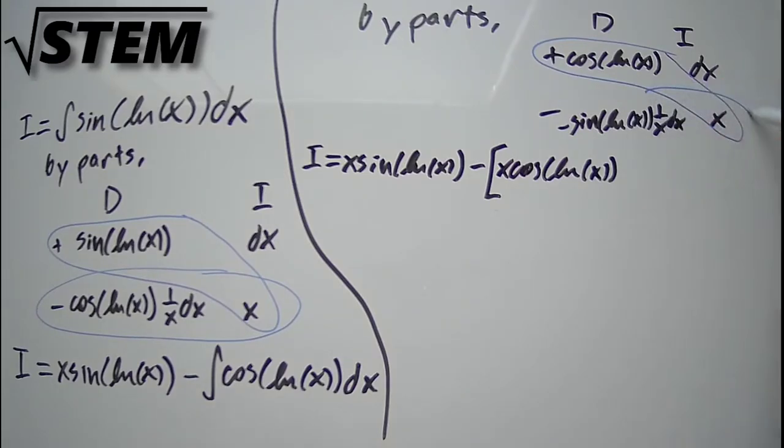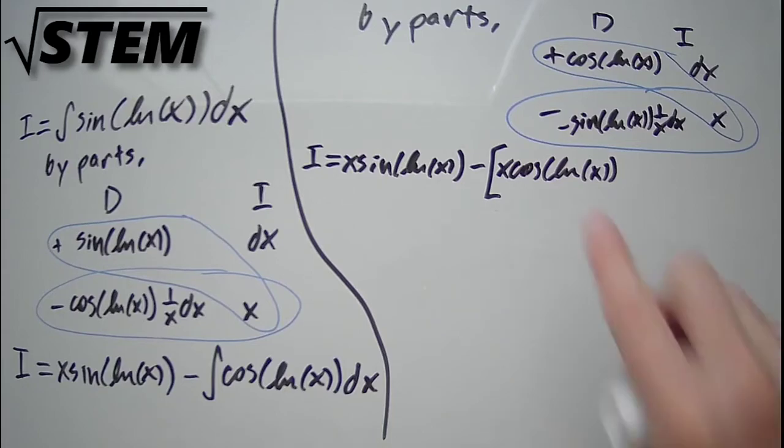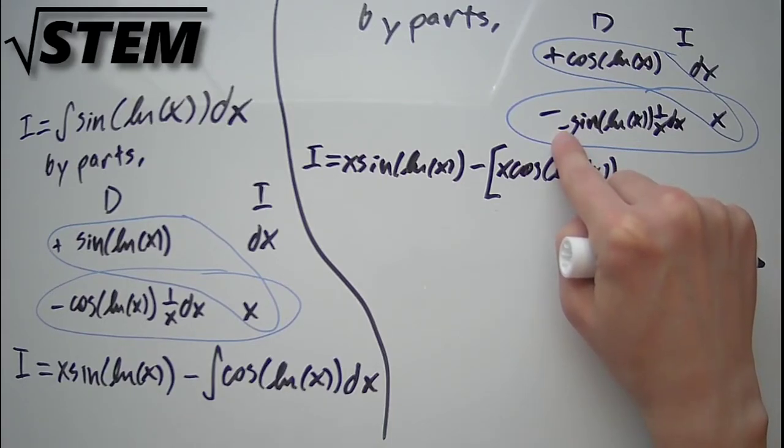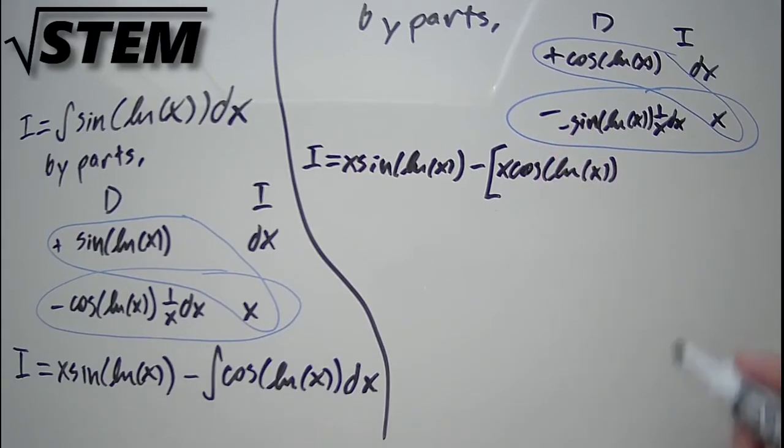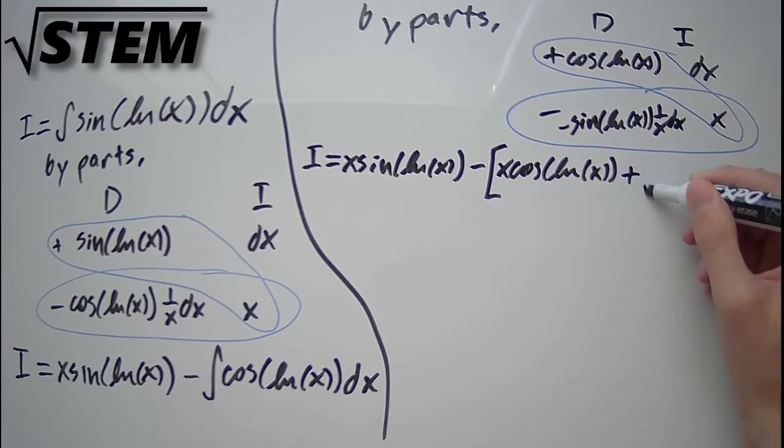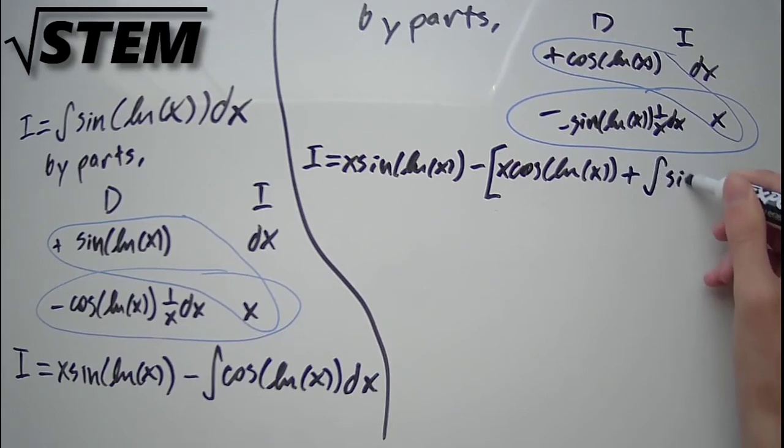We take these two pieces and integrate them with a negative sign, but since this is negative sine of x, that's going to cancel with the negative in front of our integral to give us positive the integral of sine of natural log of x. The x and the 1 over x will cancel again to just give us dx at the end.